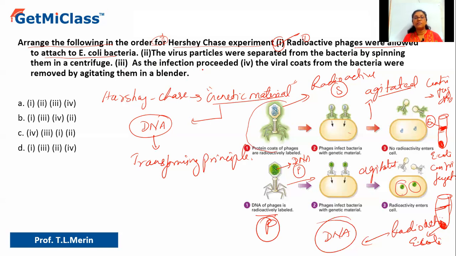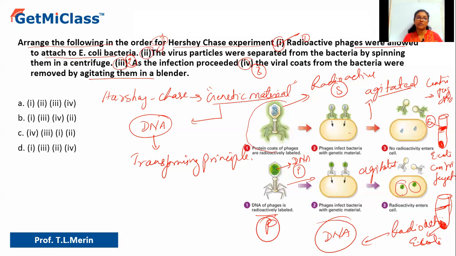Yes, first the phage infects the bacteria, so this should be the second step. Then the viral coats from the bacteria were removed by agitating them in the blender. This is the third step. And after blending, it will be subjected to centrifugation. That will be the fourth step.